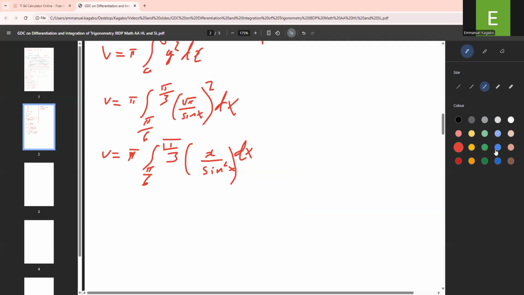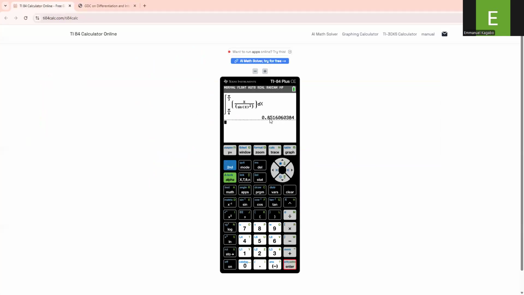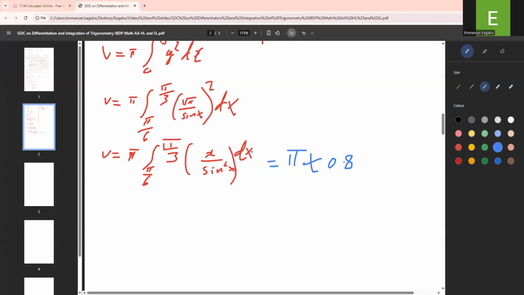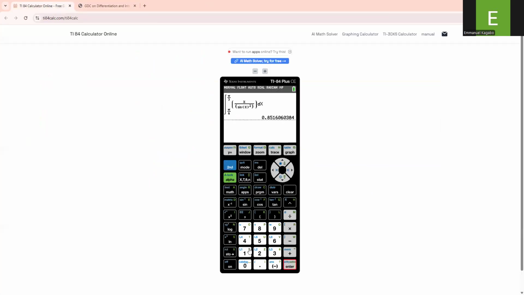I'm going to have pi times 0.8552. And when I multiply by pi, because it's a calculator question, your answer times pi.